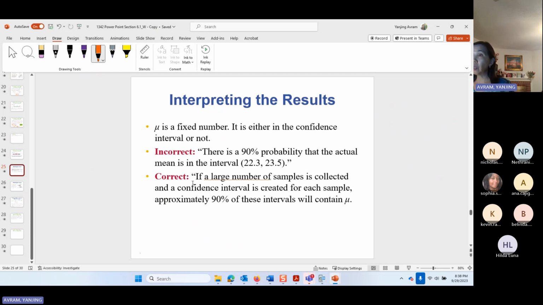The correct way is to say, if a large number of samples is taken and a confidence interval is created for each sample by the appropriate method, that is a condition, then basically you have about 90% confidence that this interval will include the population mean. That is the correct way to say it.